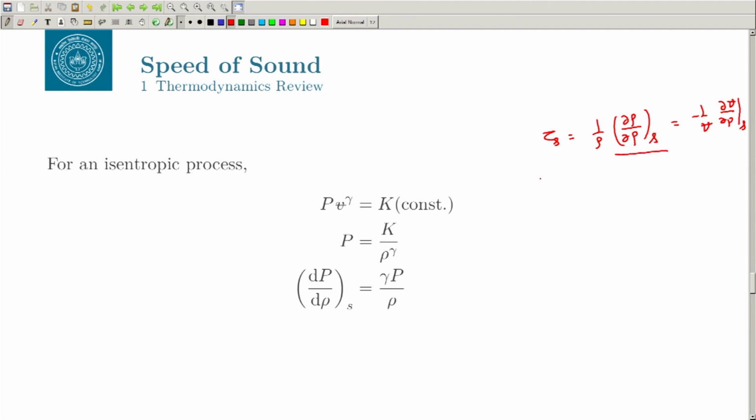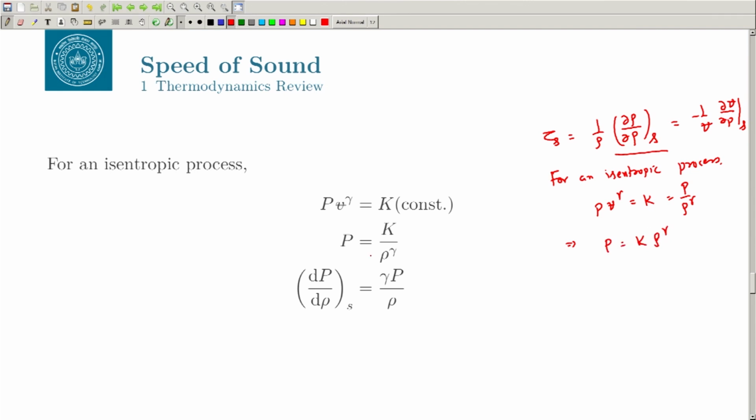We use the isentropic relation. For an isentropic process, you know the relation that we just derived, P v to the power gamma equal to constant. I am using k for the constant, which is equal to P by rho to the power gamma. So, P will become k rho to the power gamma.